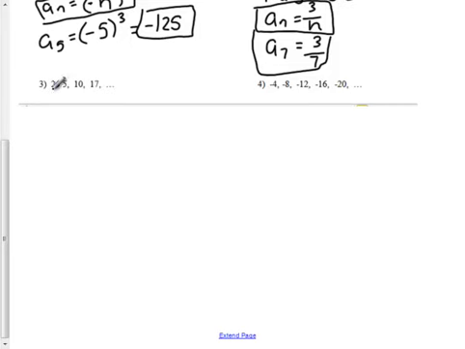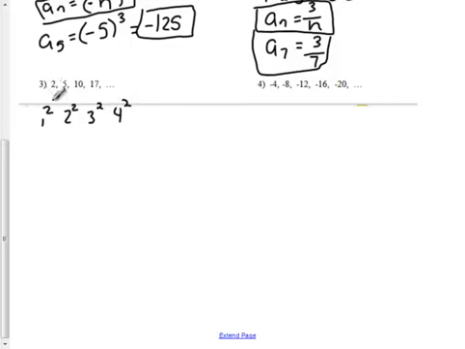So, since we're in class together, can anybody tell me what the pattern is? Well, think about squaring. Sorry, my error. 1 squared gives me 1, 2 squared gives me 4, 3 squared gives me 9, 4 squared gives me 16.